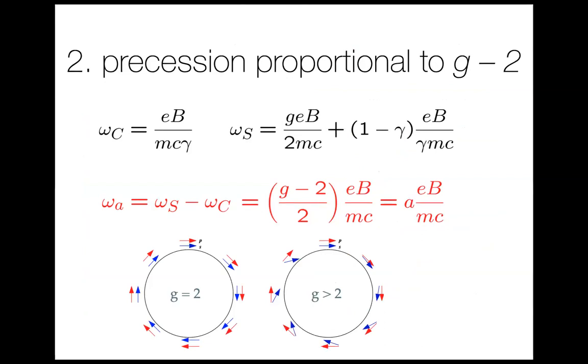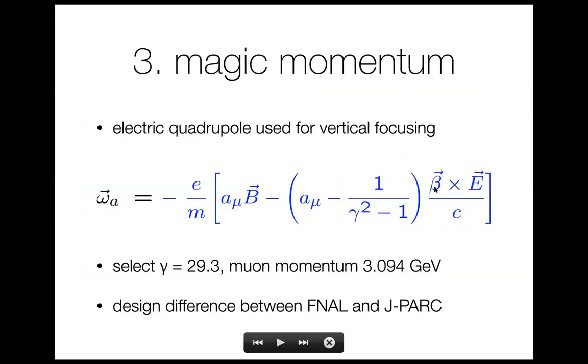Here's only an explanation that the ring really helps, the cyclotron motion really helps to address the anomalous part of the terms in the spin precession. However, to contain the beam in the ring, we use an electric field, and that's where a new term shows up, beta cross E, multiplied by another term, and we can choose gamma, we can choose the momentum of muons smartly to cancel the term.